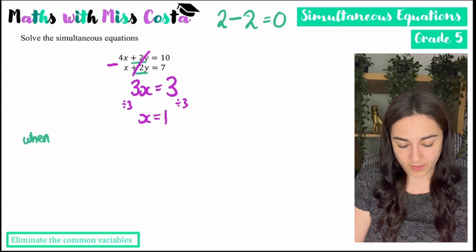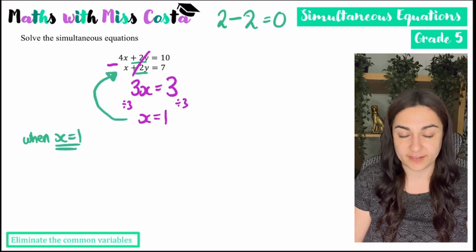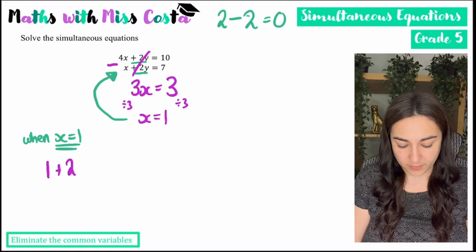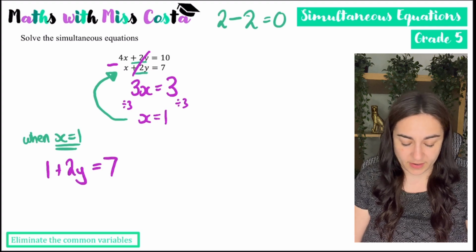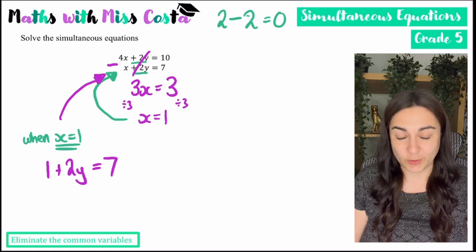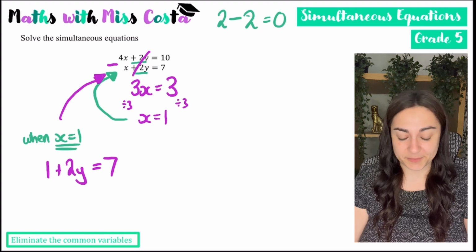So when I have solved it for x, what I do is I then substitute that back into one of the equations. So when x is 1, 1 plus 2y must equal 7. I've just substituted x equals 1 into this equation. It's always better to do it into the easier one, but it doesn't matter, you get the same value for either.